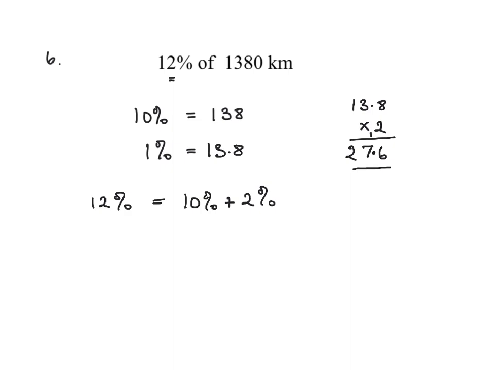So if we've got 138.0 and I want to add on to that 27.6. So it's going to be 0.6, 7 and 8 is 15, put down 5, carry 1, 2 and 1 is 3 and 3 is 6, and 1 is 1. So the answer is 165.6 kilometres.